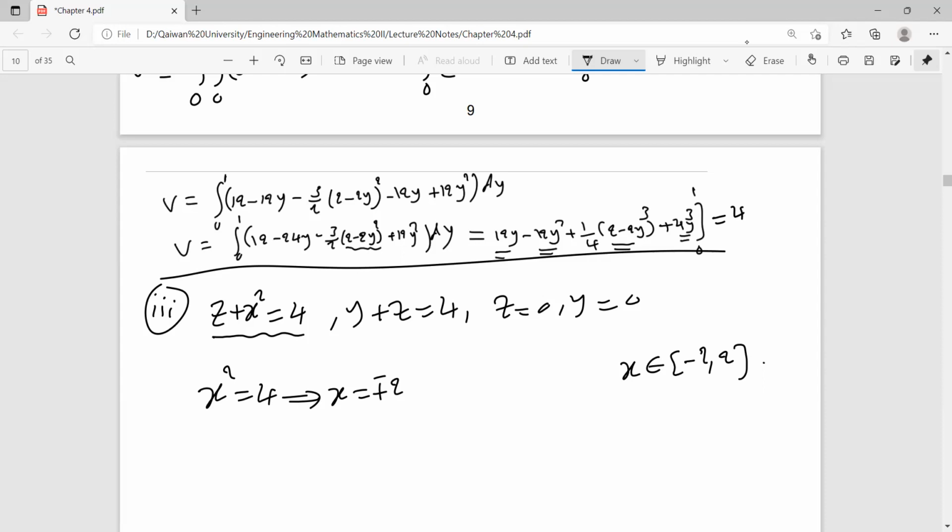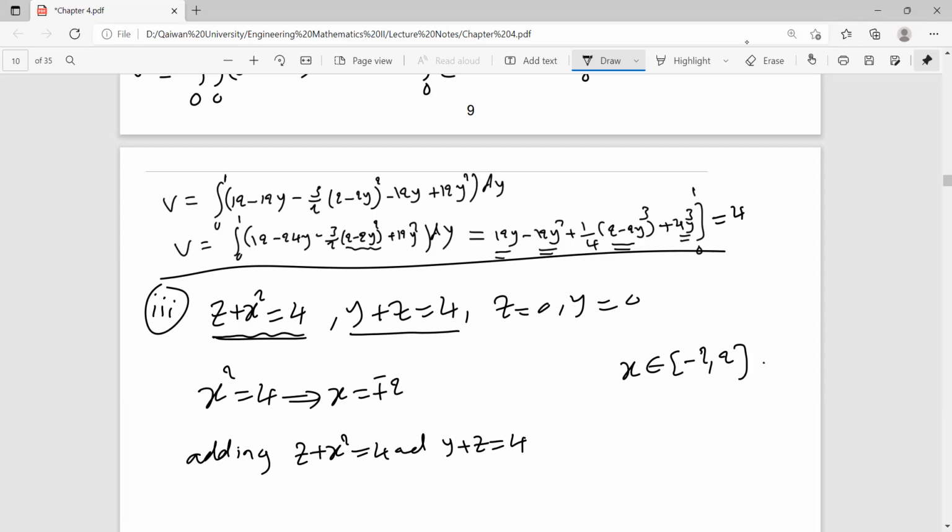And then for z, here you have z in two functions. We have z in these two functions. What we do, we are going to solve these two functions simultaneously. We say, by adding these two functions, z plus x squared equals 4 and y plus z equals 4.